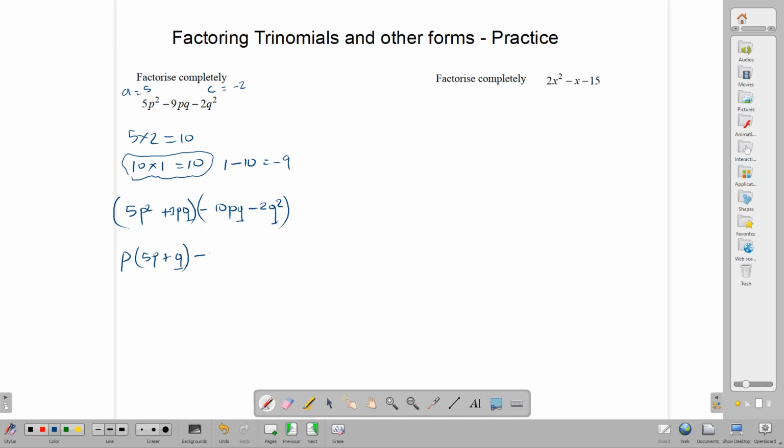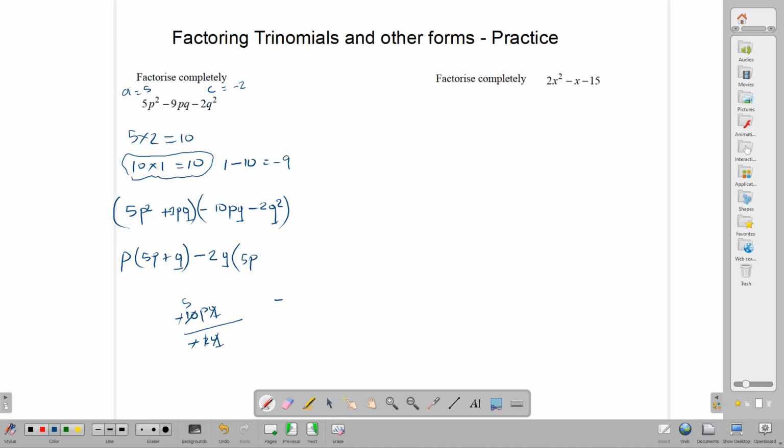The common factor here, we can divide by 2 and we can divide by q. Negative 10pq divided by negative 2q, we see that our negatives cancel out. 2 into 10 gives us 5, and the q's cancel out, leaving us with 5p.